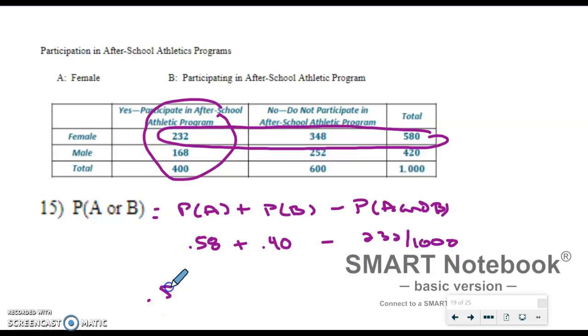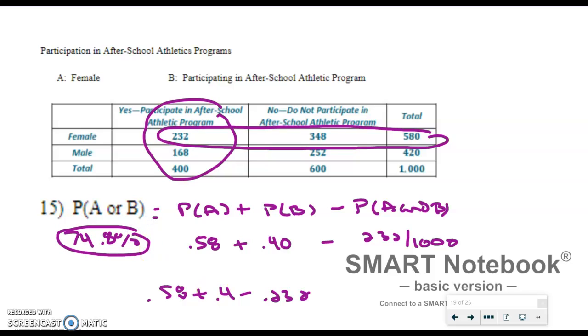So we're taking 0.58 plus 0.4 minus 0.232. So we'll put it in my handy dandy calculator, 0.58 plus 0.4 minus 0.232, and it turns out to be 74.8%.